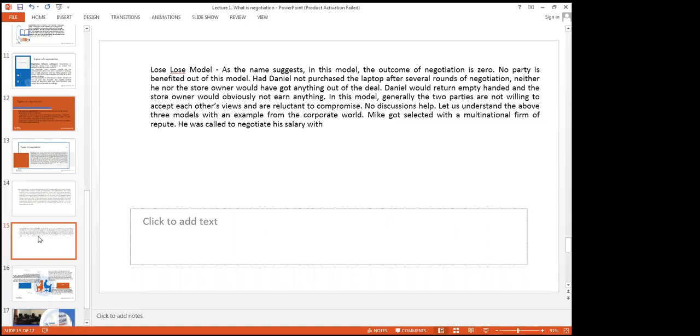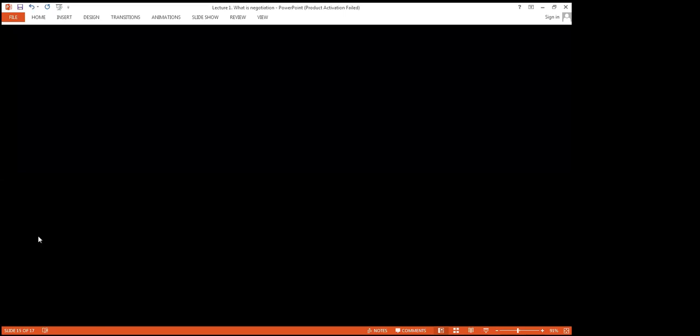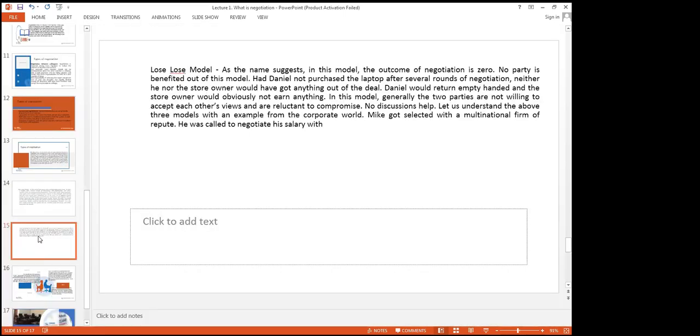No group benefits. Had Daniel not purchased the laptop, neither he nor the store owner would have gotten anything. Daniel goes home without a laptop, and the store owner has not made a profit. Daniel would return empty-handed.